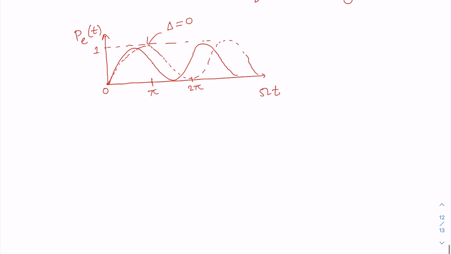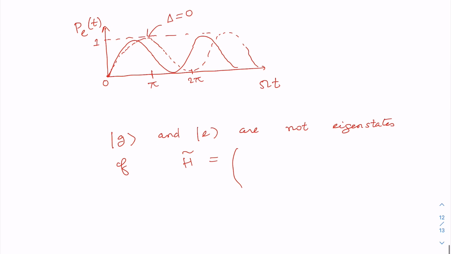Rabi oscillation phenomena clearly indicates that these states, kets |g> and |e>, are not eigenstates of the Hamiltonian, which is called the dressed Hamiltonian in a way because it is dressed by the laser field.